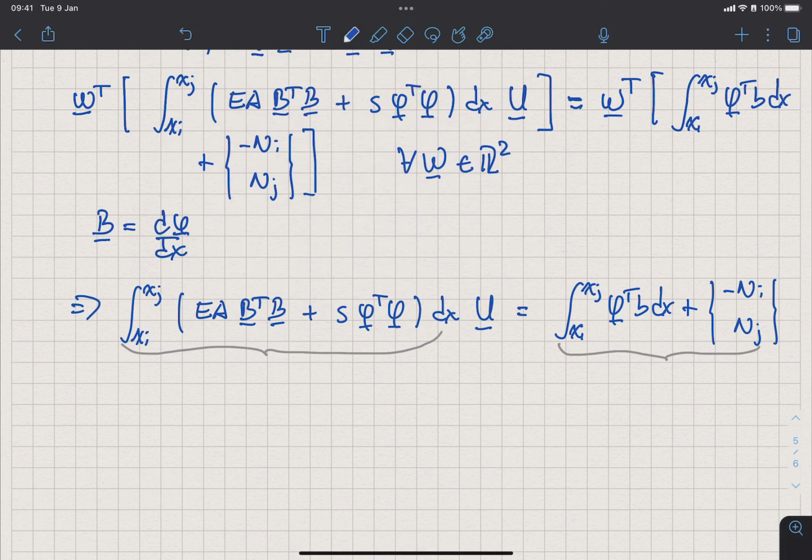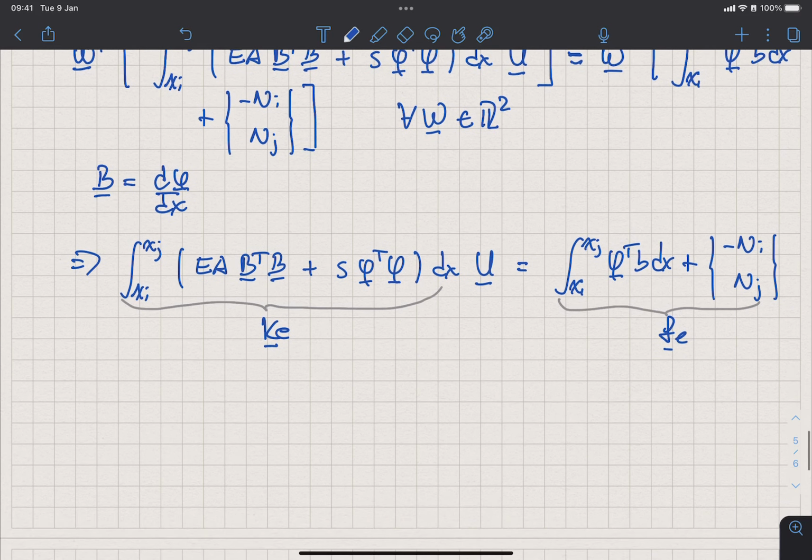So this is going to be my little stiffness matrix, and this is going to be my force vector. And so for the time being, what we have is KU.